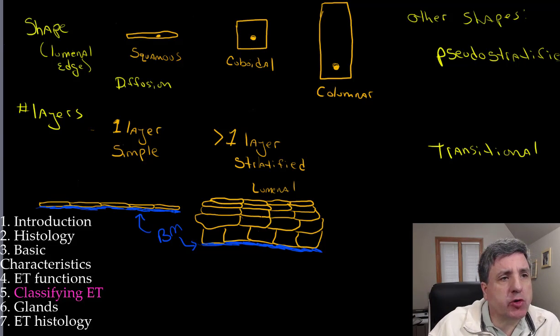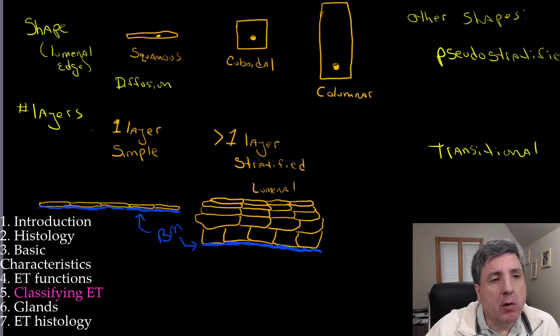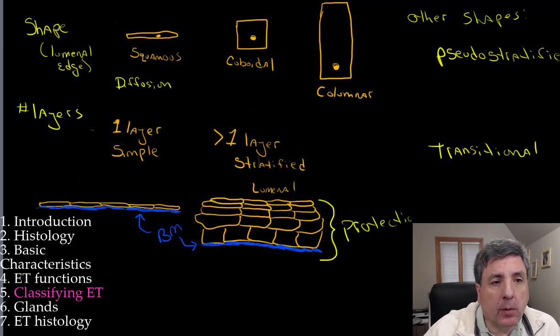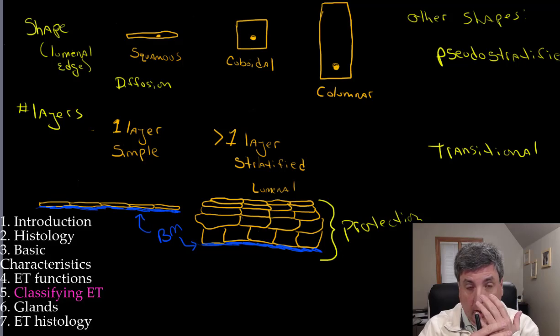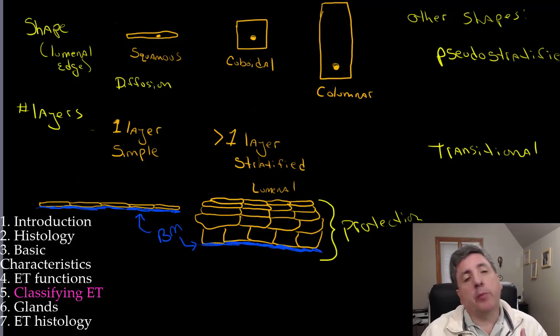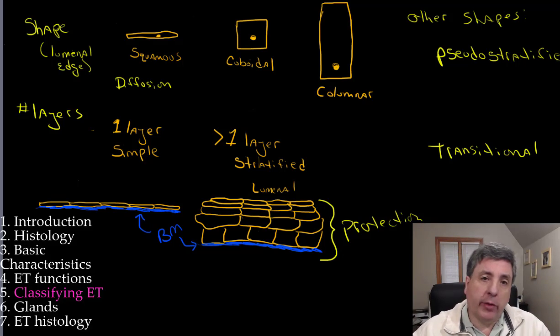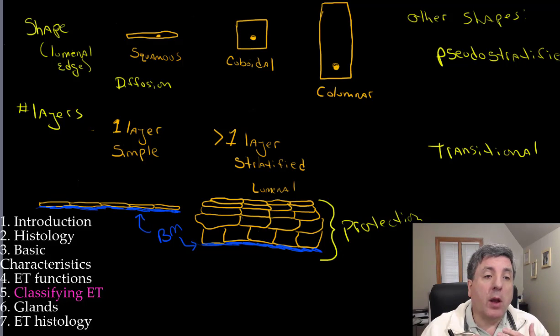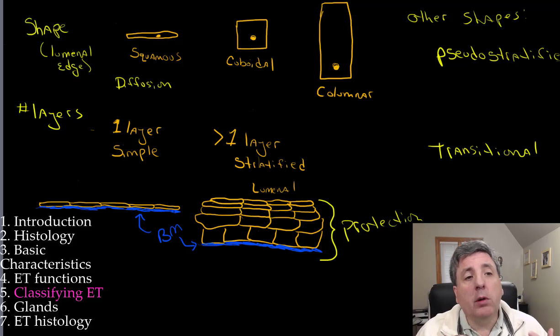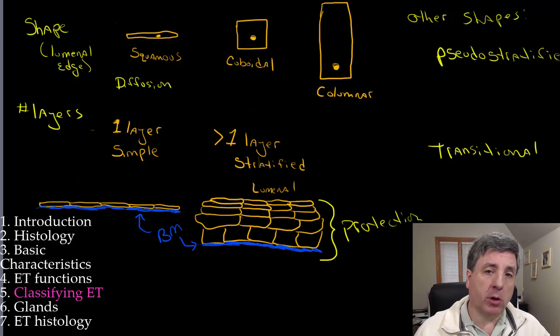So let's do stratified. Okay, so we have multiple layers here. As you can see, the multiple layers for stratified is going to be allowing for protection. Okay, protection. We're going to have stratified squamous epithelium on our skin. We're going to have stratified squamous epithelium within our digestive tract, within the mouth or oral cavities. Now, how is that protecting? Well, we have a lot of abrasion going on.